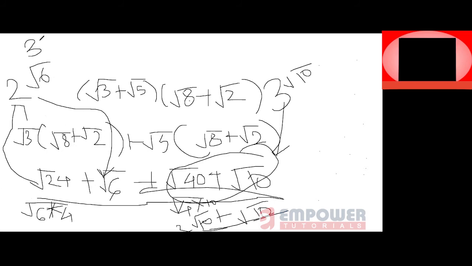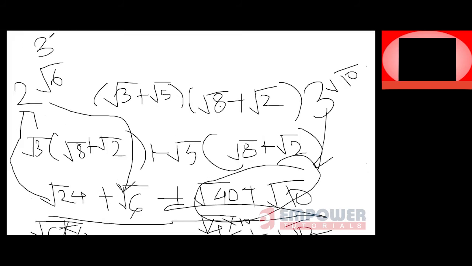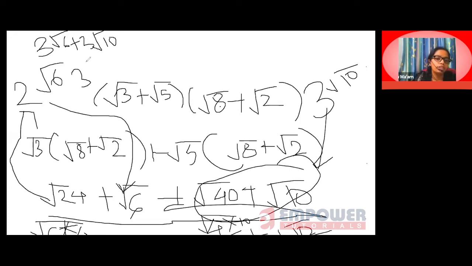So this will be 3 root 6 plus 3 root 10, right? So now I will take 3 common. So the answer of this question is 3 in bracket, root 6 plus root 10. So this is how you have to solve the questions regarding irrational numbers.